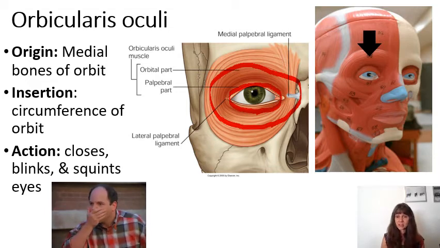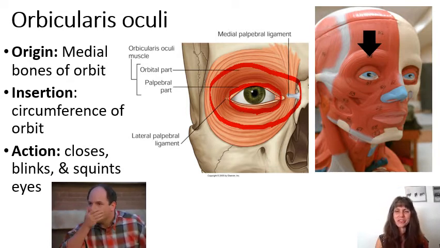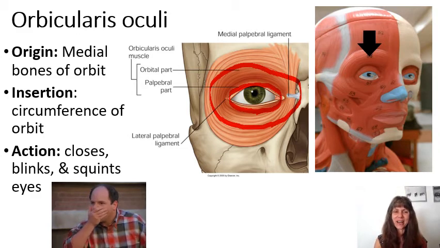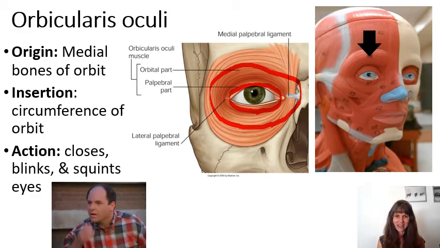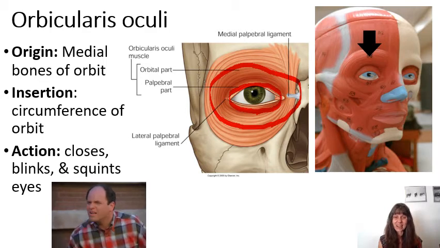I'm not going to ask you about those, by the way, I'm just pointing them out. However, you should be able to easily identify Orbicularis oculi. The origin for Orbicularis oculi is the medial bones of the orbit of the skull. The insertion is the circumference of the orbit. The action of Orbicularis oculi is to close the eye or blink or squint.